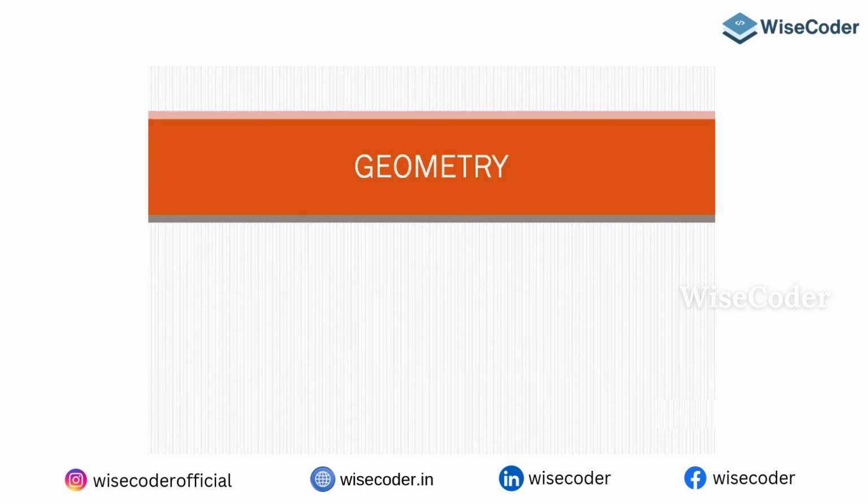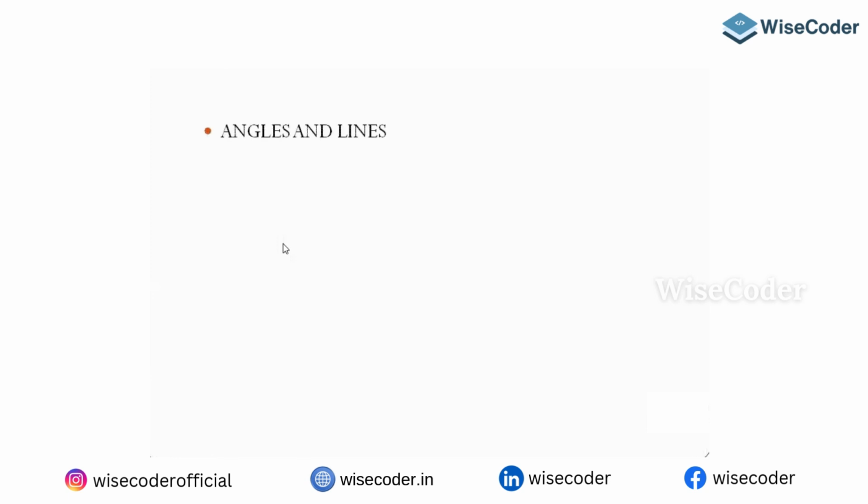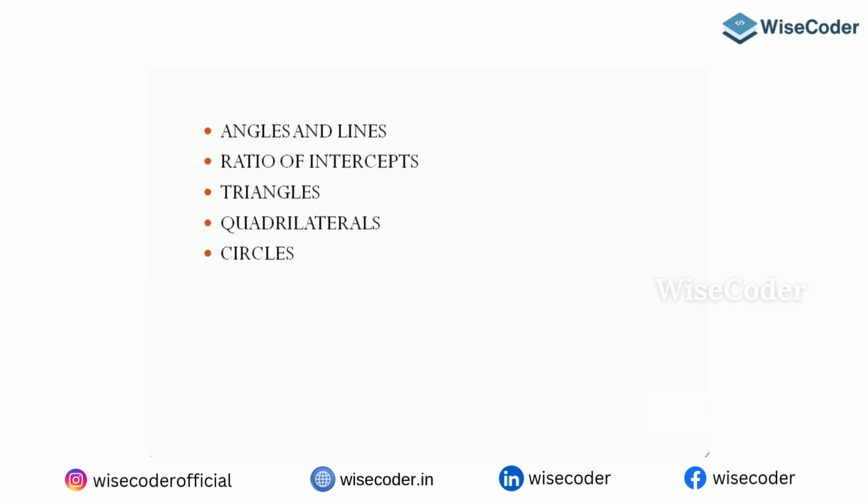So guys, geometry is a subject where first you need to understand angles and lines. Then you have to understand parallel lines, and then ratio of intercepts, then triangles, then quadrilaterals, then circles.